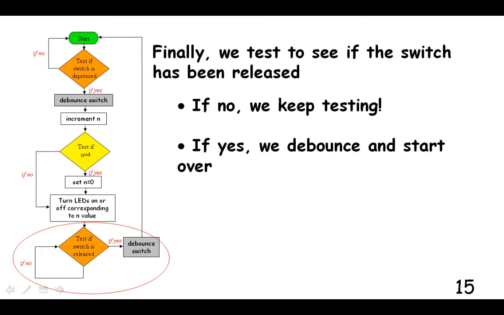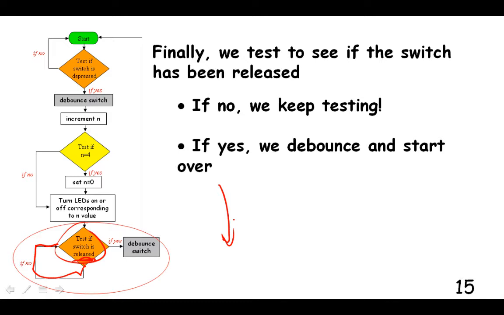Then we've turned on whatever LEDs we want, but now we don't just go on and wait for the switch to be pressed again, because we have to first wait for it to be unpressed. So we want to see if the switch is released, and if the switch is still high, it's going to cycle through this if statement. When you push the switch, you might think you're pushing it really fast, but you might hold it on for a tenth of a second or something, and that's many thousands of cycles through the microprocessor.